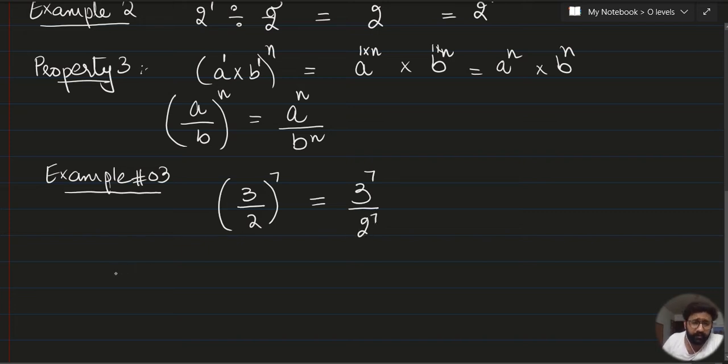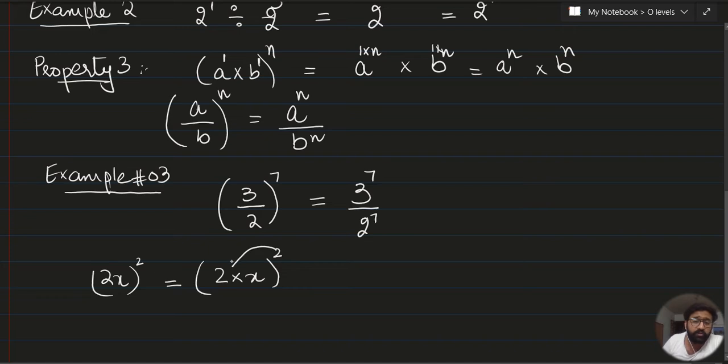Let's do another example, a little different from this, and very common. You can say (2x) whole power of 2. So this means, and you should be very well aware of this, that this 2 and x which are inside are multiplying with one another.